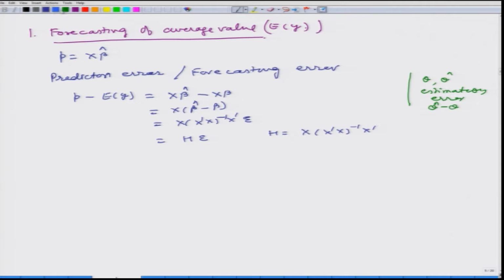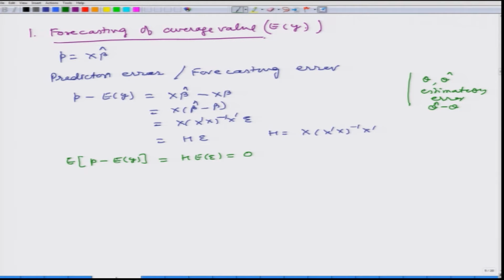Now, based on that, we try to first see whether this is an unbiased predictor or not. So, we try to take its expectation, expectation of p minus expected value of y, and this comes out to be h times expected value of epsilon, which we have assumed to be 0. So, this is a null vector.